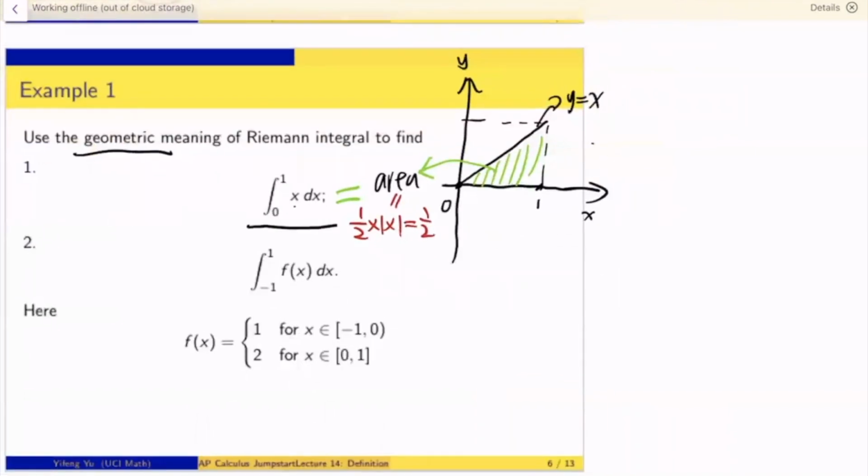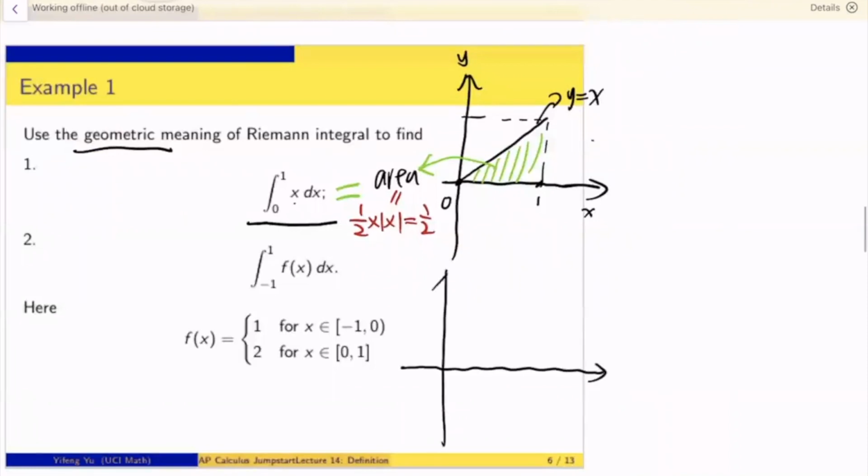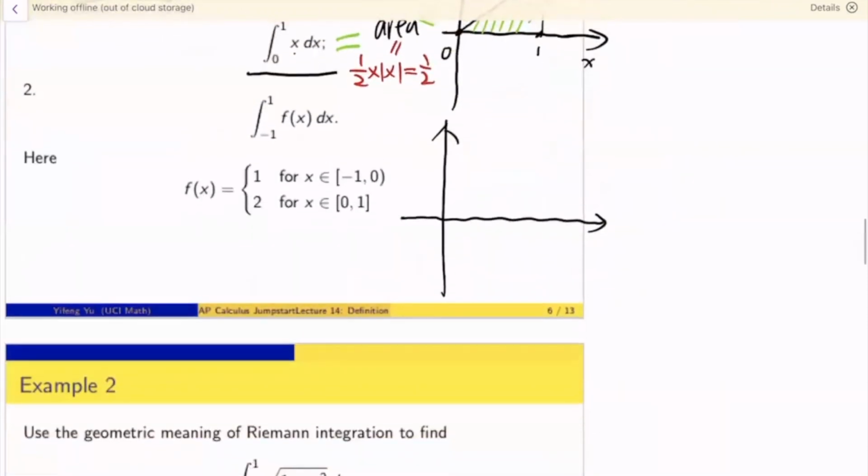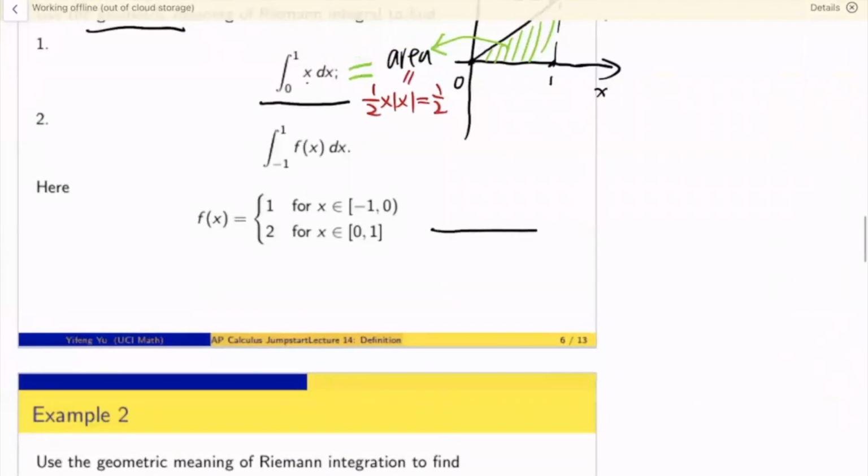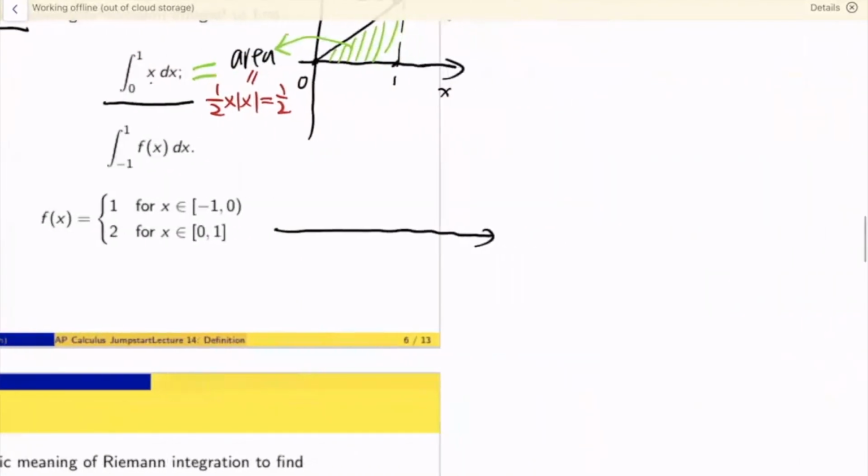Let's look at the second one. Let's look at the graph of the function. Let me draw the graph, with the origin, x and y, when x is between -1 and 1.